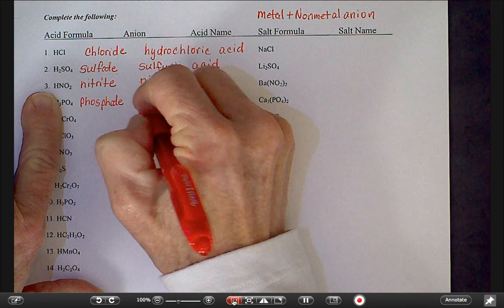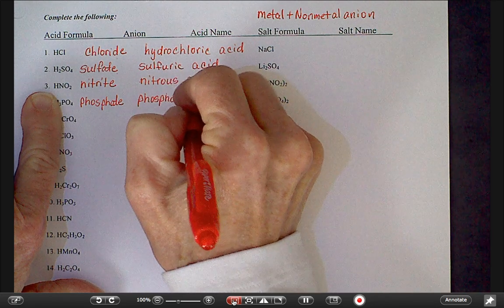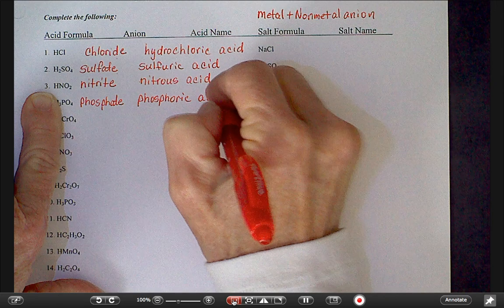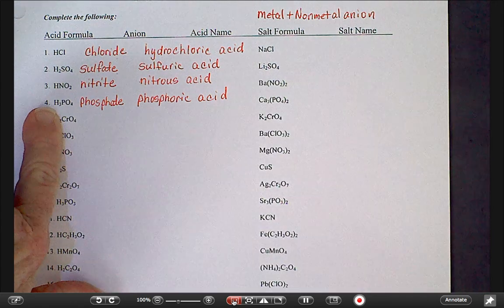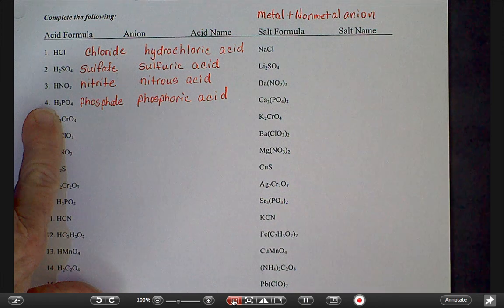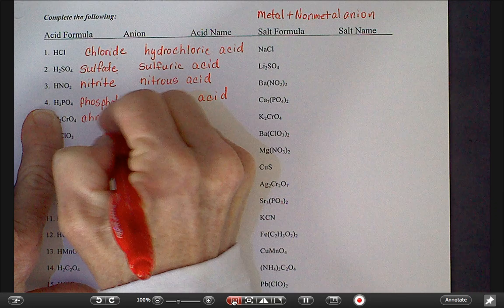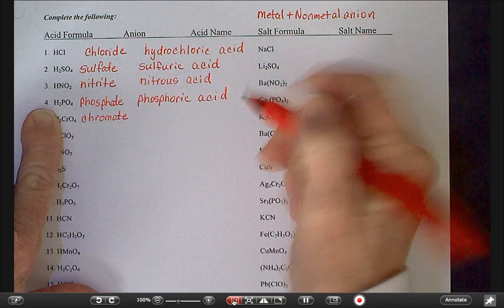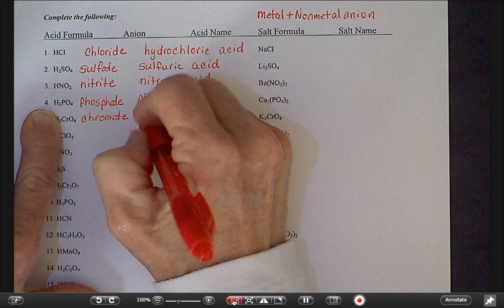Phosphoric acid. Cover up the H. Who's CrO4? Chromate. Okay, take off the ATE and what do you have? Chromic.